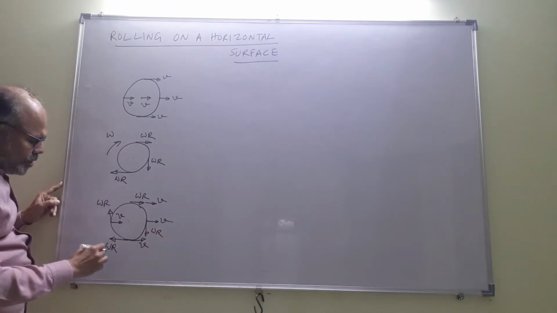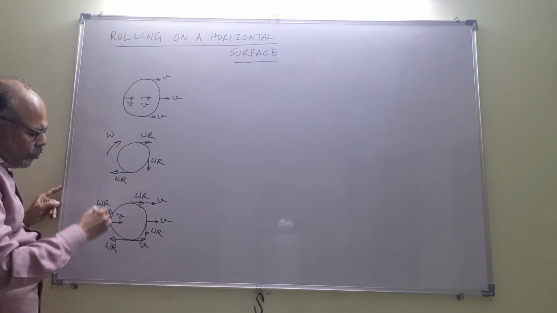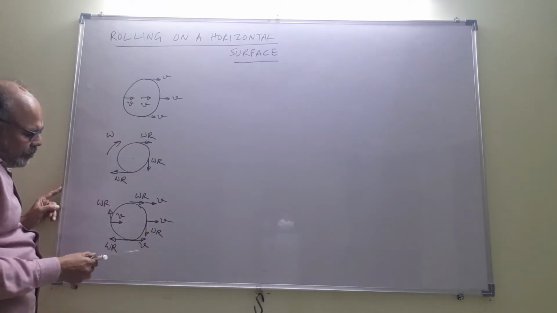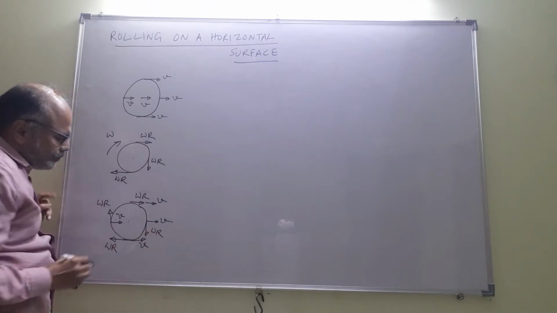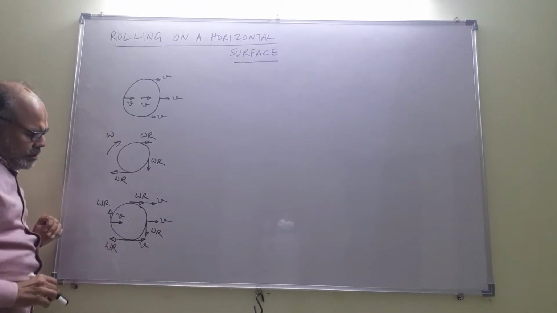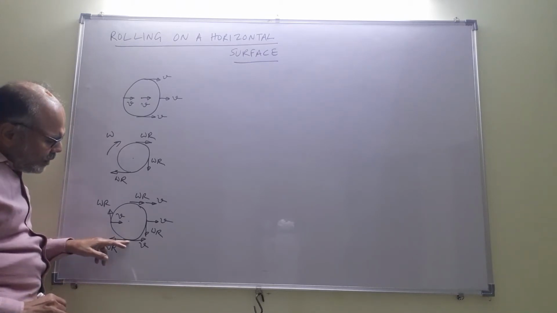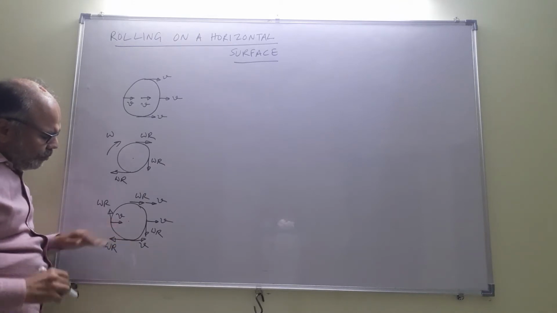Now it could also be that omega r is greater than v. Then we say the rolling is with a backward slip. If that happens, friction will act towards the right. And if v equals omega r, then the point of contact is at rest and the horizontal floor is also at rest. And hence there is no slip.